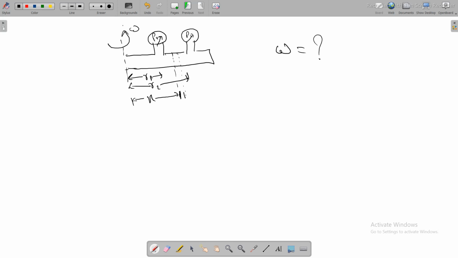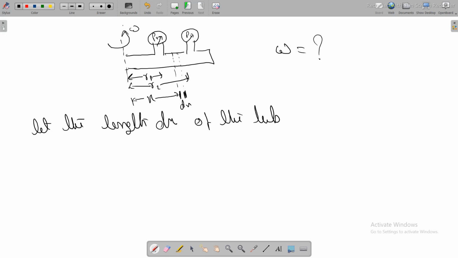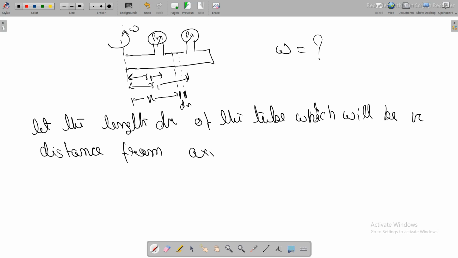Let a small element of water of length dx of the tube be at distance x from the axis of rotation. Now just calculate pressure or force.